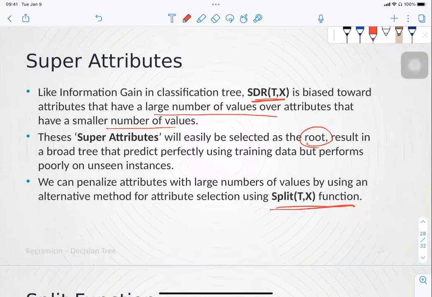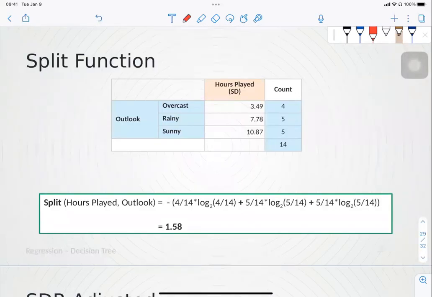We can take the super attributes as roots, and then use the split function to divide the data into smaller categories so that our SDR is not biased towards the larger values.